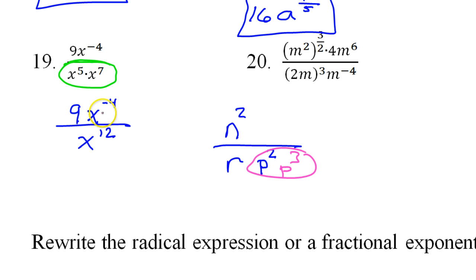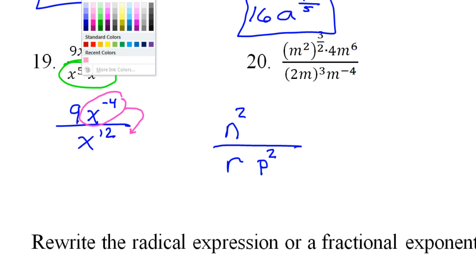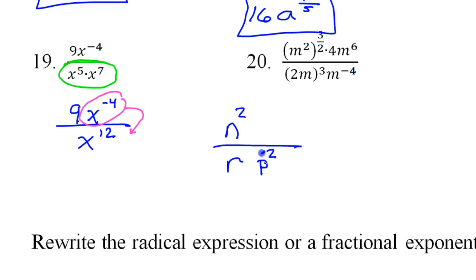I have x to the negative 4 power. That means this is on the wrong side of the fraction and is going to have to be moved. It's going to have to drop down. So by the way, just for the future, it would be the same thing if I had a negative exponent in the denominator.